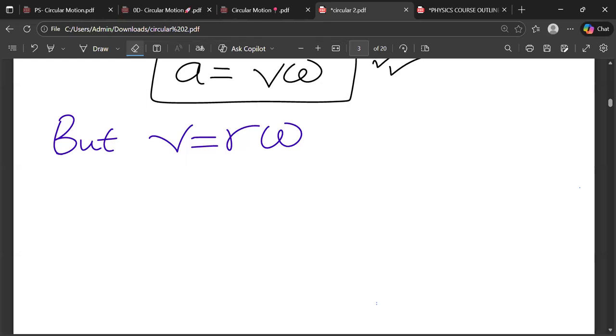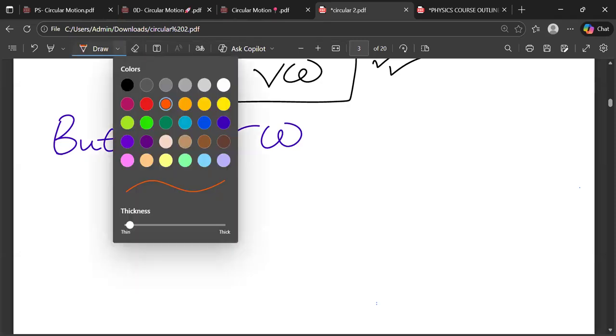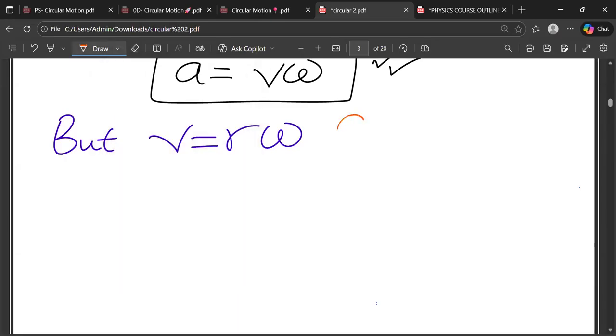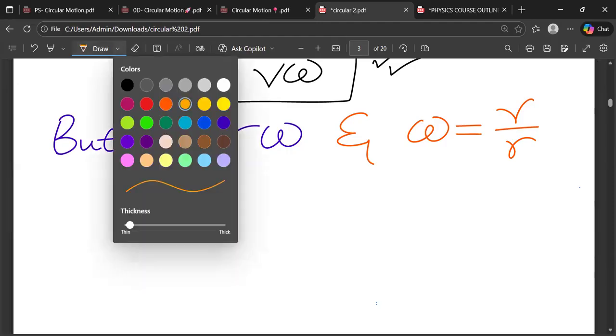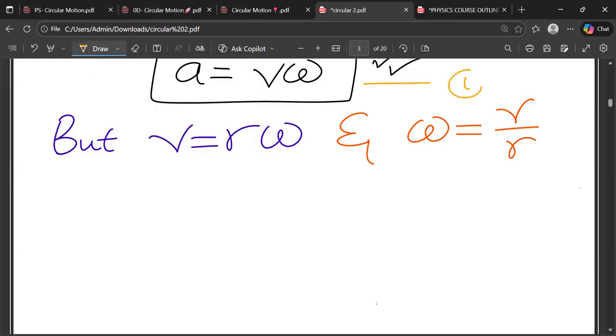Okay. So, we know that v is r omega, and from that formula, you can realize that omega alone is v over r. You see that? So we are going to do substitutions. I can call this one my equation 1.